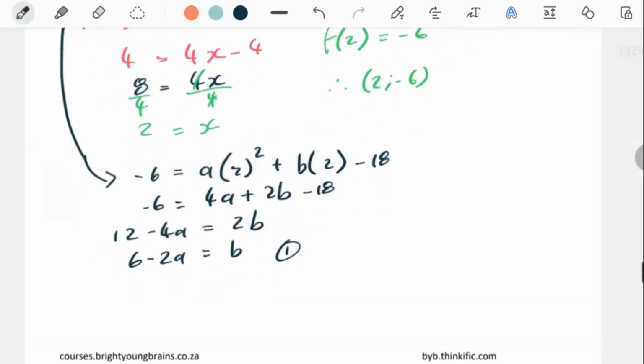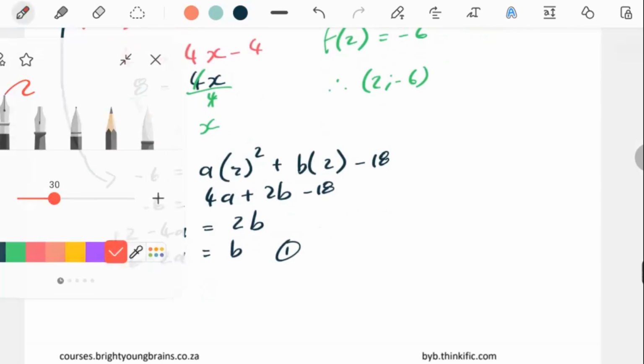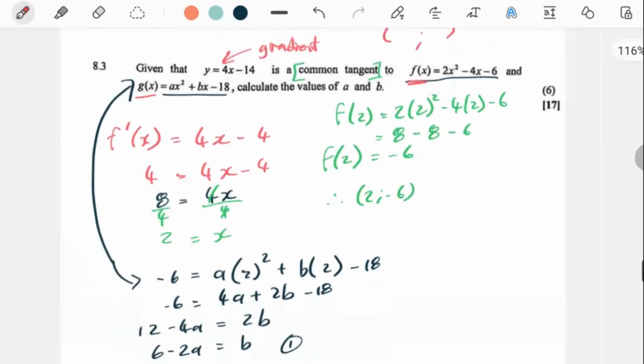Another equation is obviously going to be the gradient equation of G. Because the gradient equation of G, you have a gradient of 4, and you know that the gradient is a 4 where x is a 2. So the first derivative there would be 2ax plus b. You see, because here the constant falls away, 1 times b is just b, 1 minus 1 is a 0.